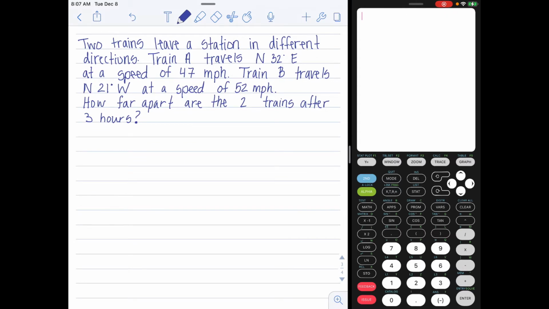So again, first thing is a diagram. So we are going two different directions. We got train A's direction. So let's just say I start right here. That's their station. Move it actually a little over. If you want, put a little S so you know that's for station.